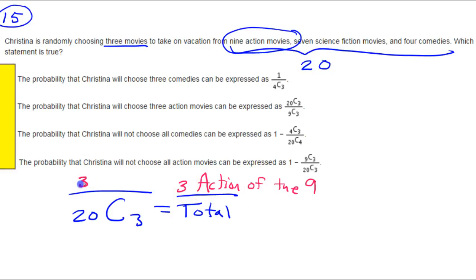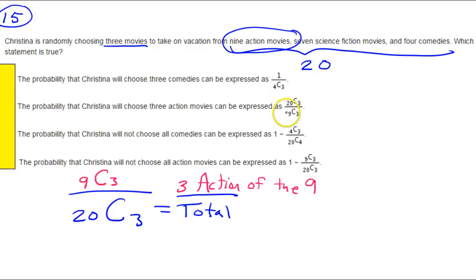So that's 9 choose 3. So we're doing target over total. So the target is how many ways we could pick 3 of the 9 action movies. That's 9 choose 3 out of a total of 20 choose 3 that we spoke of right from the beginning.